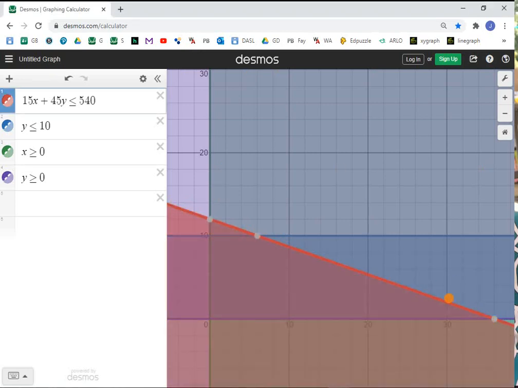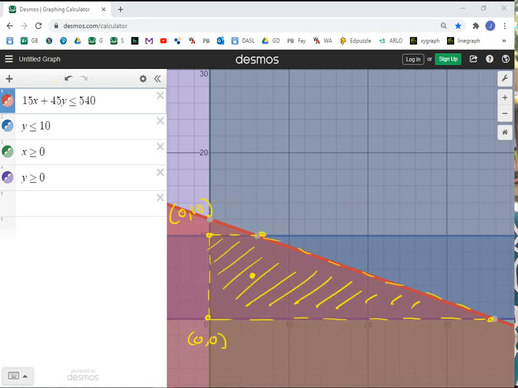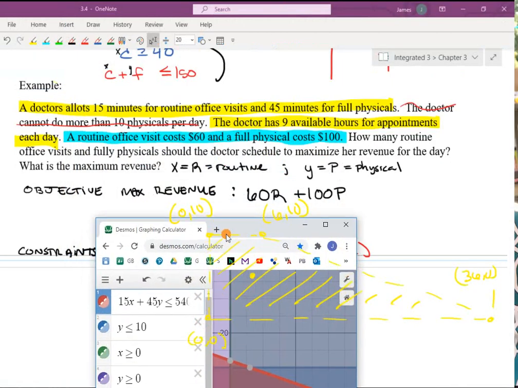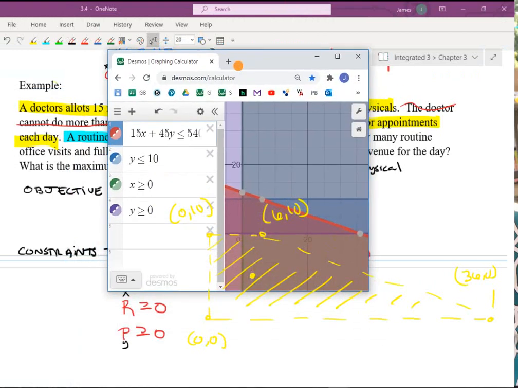That one's (36, 0), and (6, 10). Okay, (36, 0) right there, and (6, 10). So those are the points that we're going to plug into our objective function, which was 60R plus 100P.